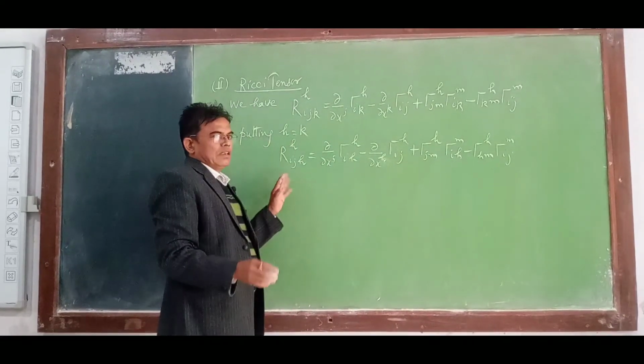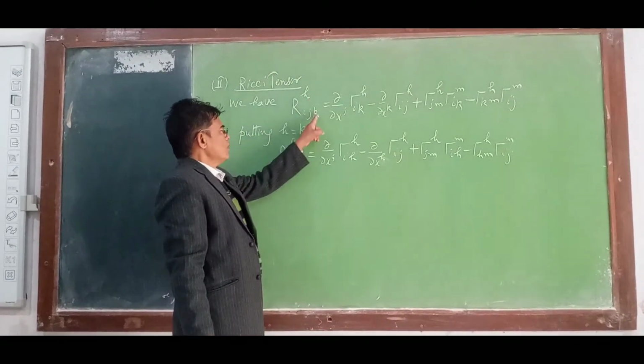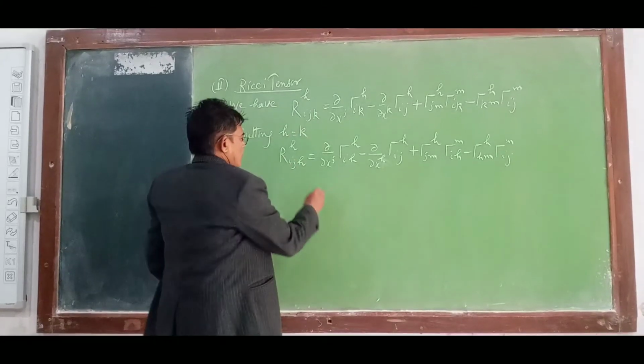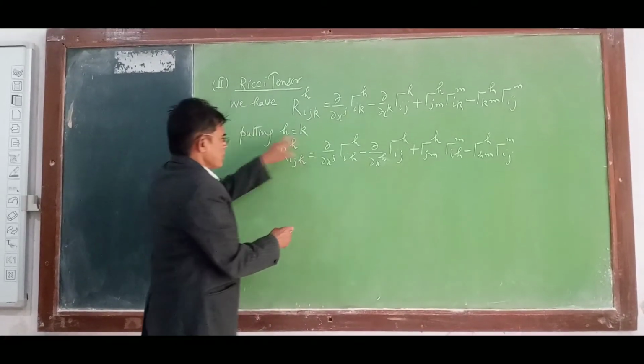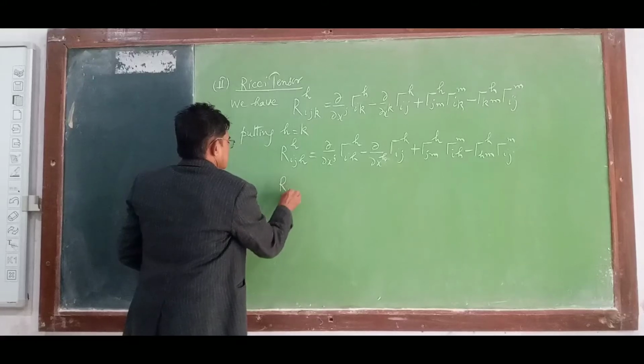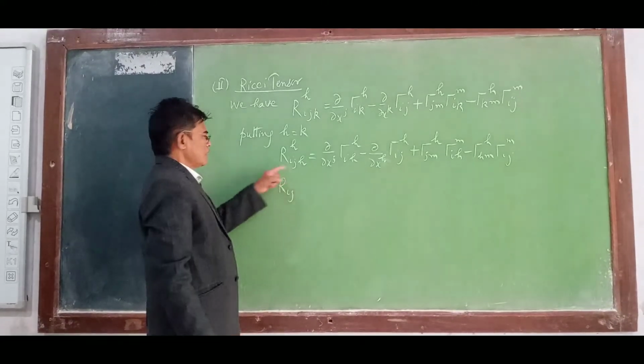This is very easy by putting h equal to k. So this can be written as R_{ij}, which is the Ricci tensor.